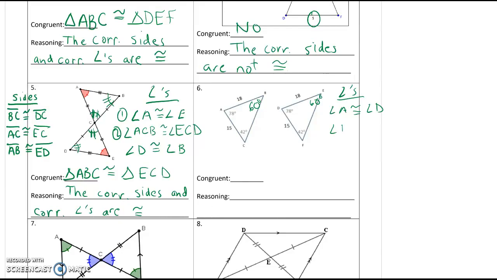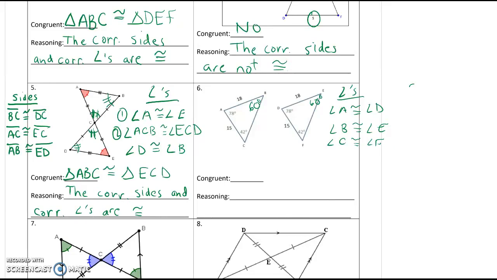Angle B is congruent to angle E, and angle C is congruent to angle F. Okay, 3 congruent angles, sorry.